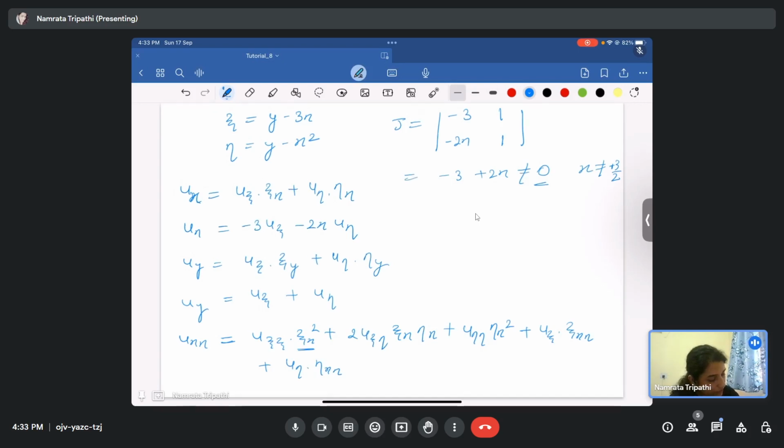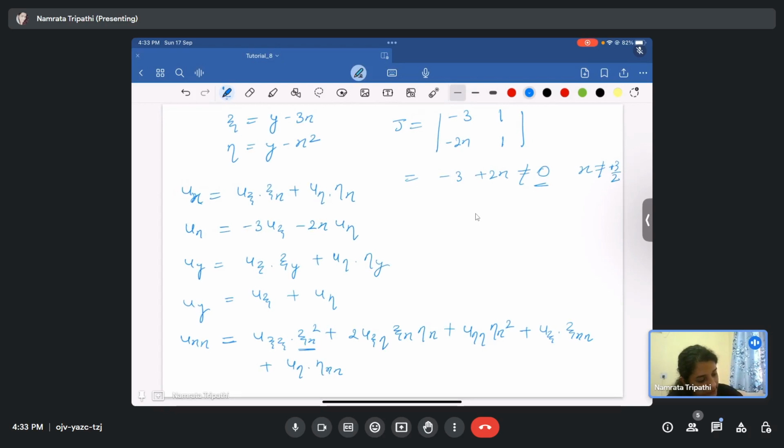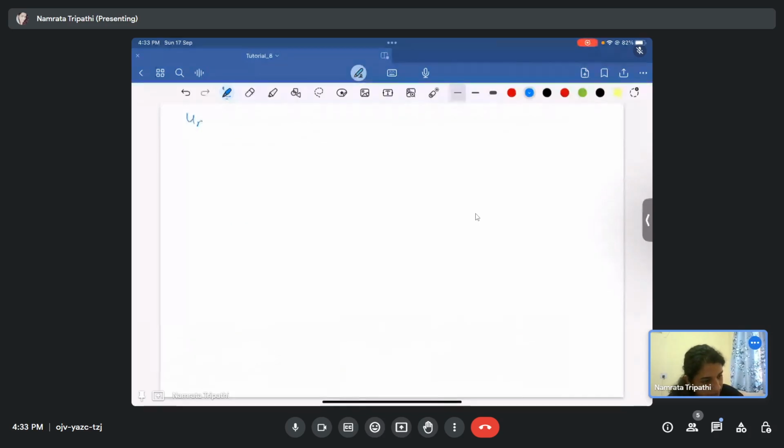So 3 square is 9. U xx is 9 u xi xi plus 2 u xi eta into xi of x, which is minus 3, into eta of x. Since eta is y minus x square, let me write here. What is the value of eta x? Minus 2x. Fine.